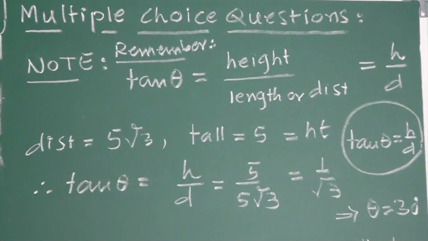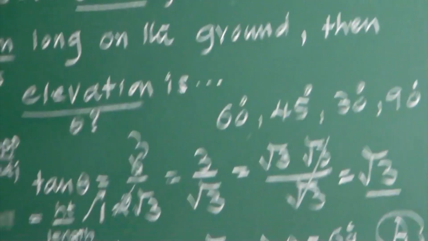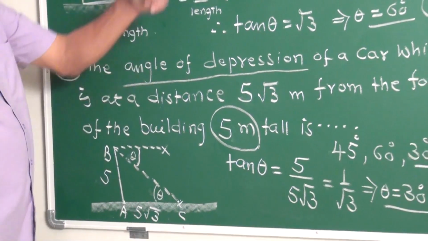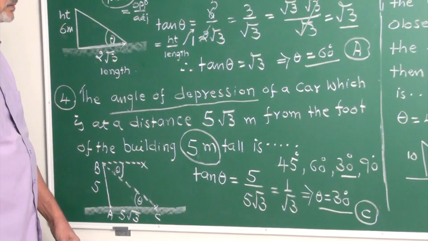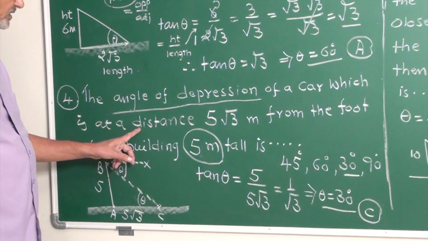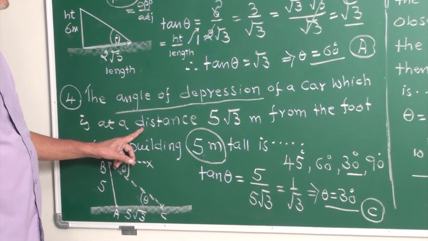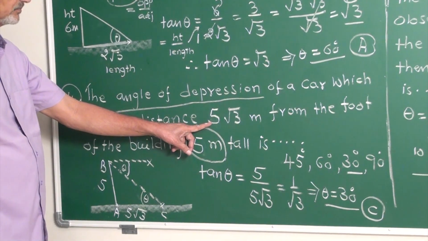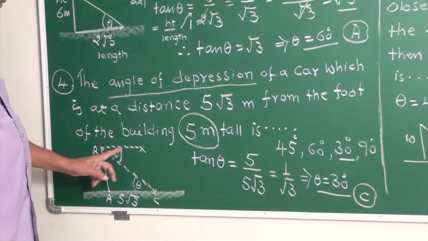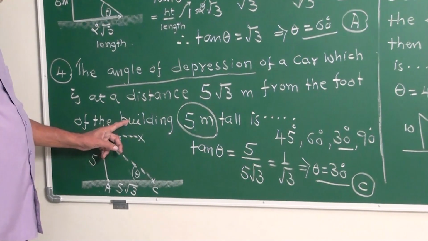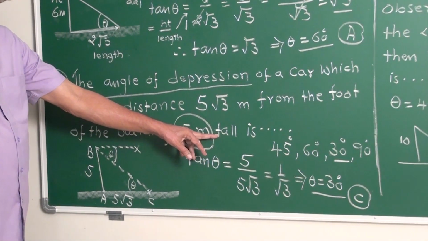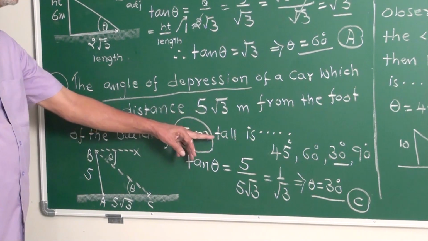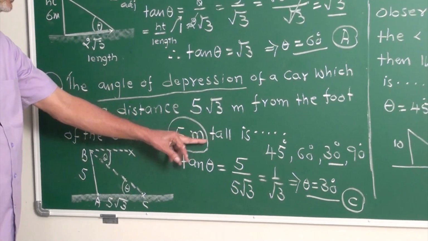See, the same example, my friends. It's a waste of time drawing all these things if you remember that tan theta equals h upon d, direct. Distance is length, distance d. Given d is 5 root 3, from the foot of the perpendicular building. Tall means height is 5.